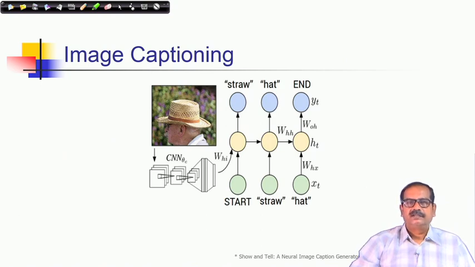Once again, the length of the output sequence decides the length of the unfolding of the RNN. For example, in this figure, the image could be described as 'the straw hat', and that is a sentence. So, it has a start and it has an end. With that kind of specification, you are training the RNN in this way.